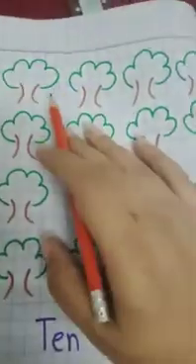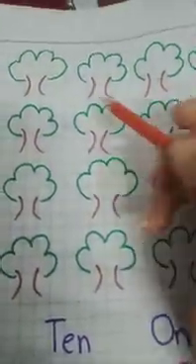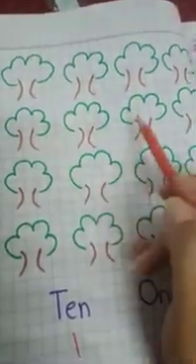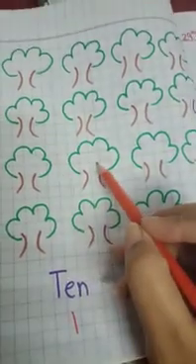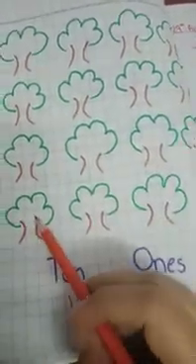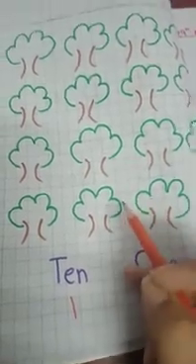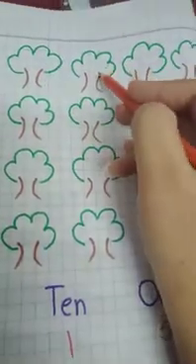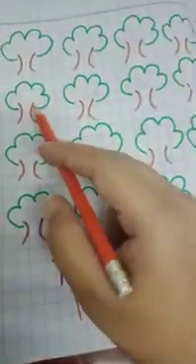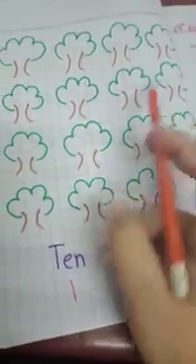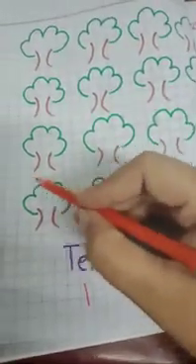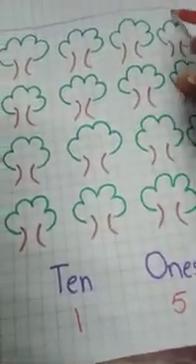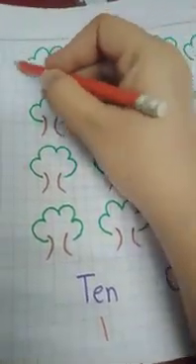Very good. What is this? Trees. Now count with me. 1, 2, 3, 4, 5, 6, 7, 8, 9, 10, 11, 12, 13, 14, 15. You have to count 10 trees, 1 to 10. Now make a circle around them like this, slowly.